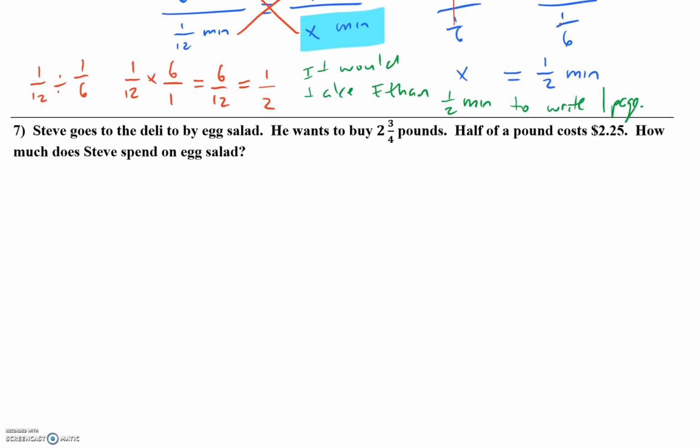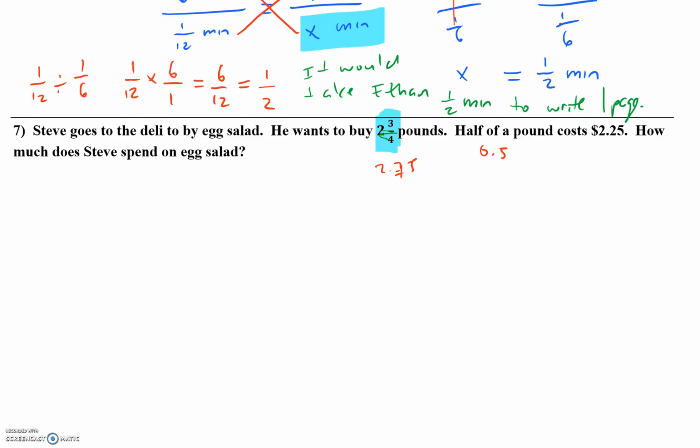Whereas in number 7, we have 2 3/4, right? And we know that we could rewrite that as 2.75. Okay? And if we look at another part of the question, it says half a pound. Well, you also know that half a pound is 0.5.